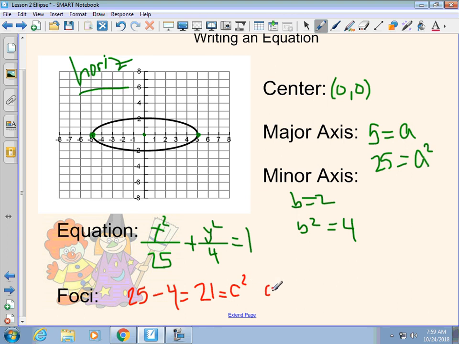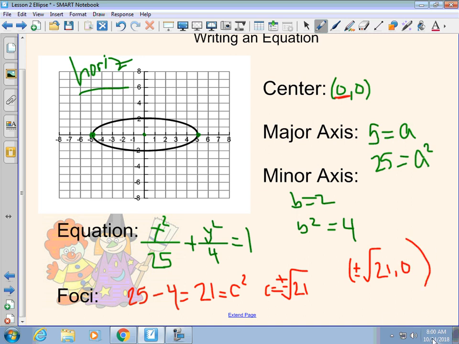So c equals square root of 21, technically plus or minus, which is why we're adding and subtracting it. Okay, and again, this was a horizontal, so we're adding and subtracting it to our x value. So we would have plus or minus the square root of 21 comma 0.